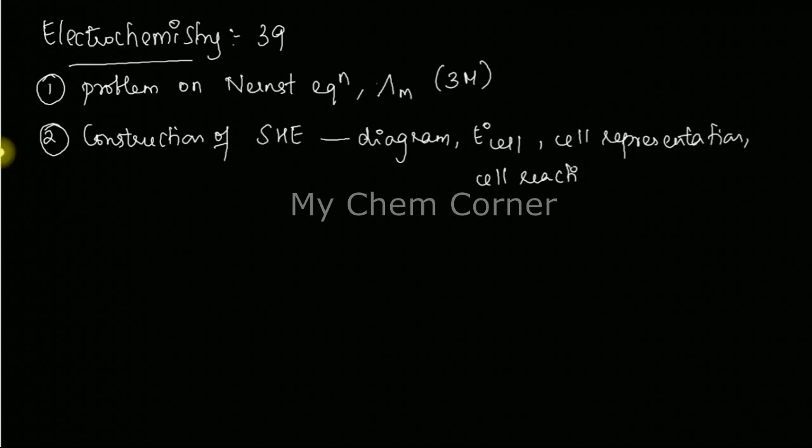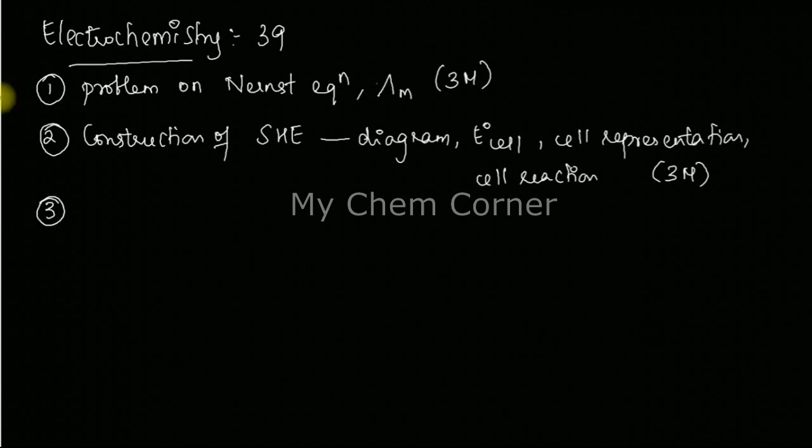These are important things when you look at construction of SHE. Alright, so that is again for another 3-mark question. So possibly in a 3-mark, what can be asked is these. Either they can ask a problem on Nernst equation or molar conductivity or construction of SHE. So these are possible questions that can be asked. Apart from this, what other questions can they ask?